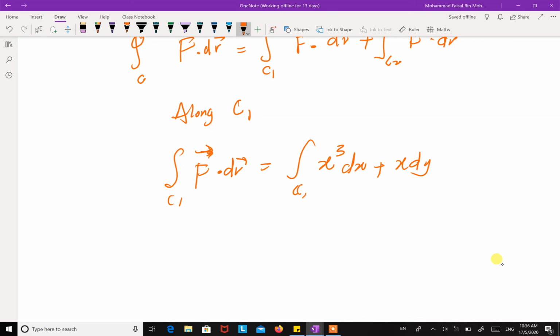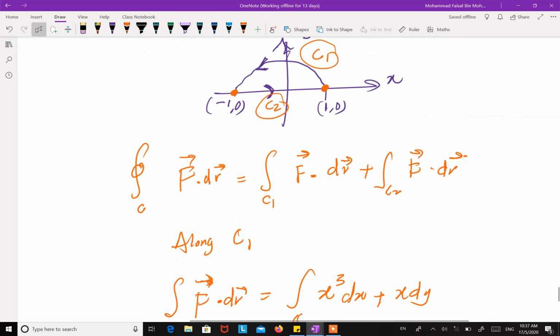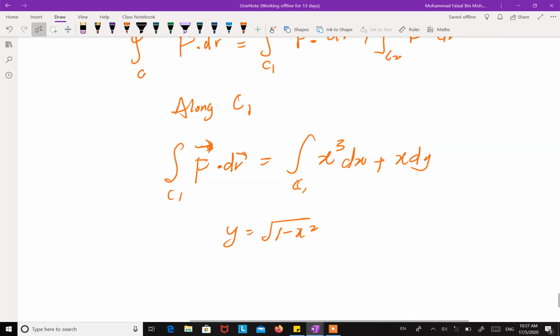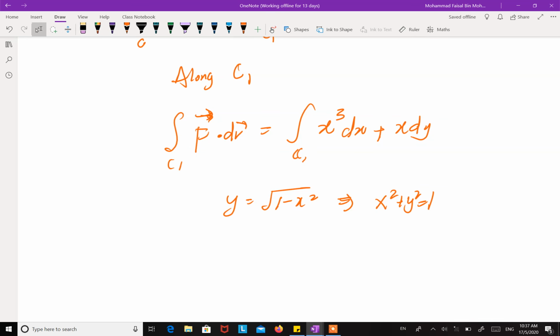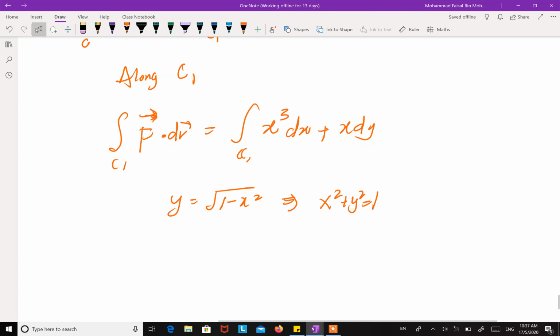So your circle now is y equals square root of 1 minus x squared, and this is the same as x squared plus y squared equals 1. If you find something like this, you have to use x equals cos t, y equals sin t, because it involves the circle.